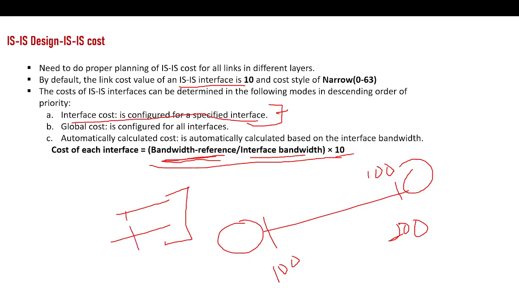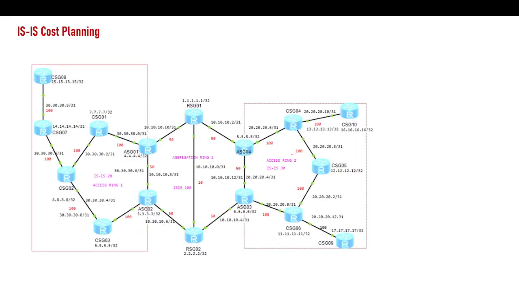So when you are doing this bandwidth reference, you always have to consider the link capacities on your network. But many times what I've seen is we are manually configuring the cost on our IPRAN links.